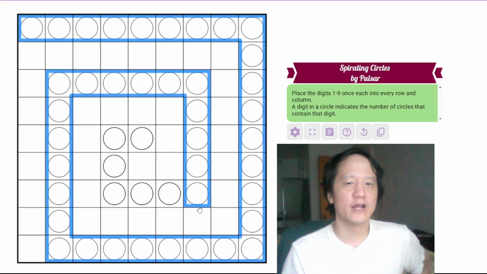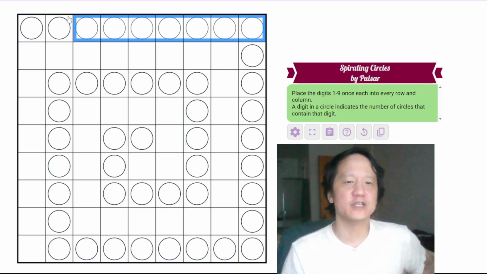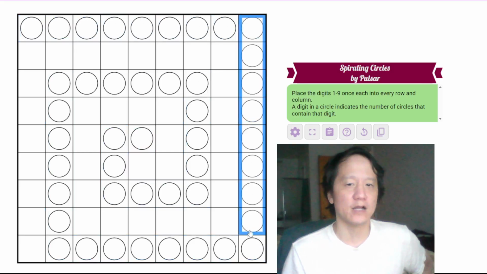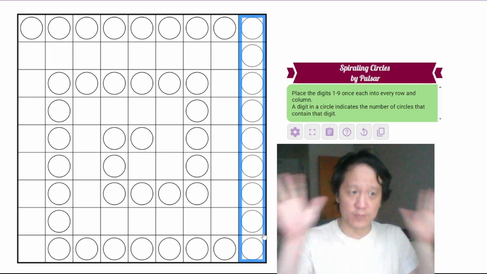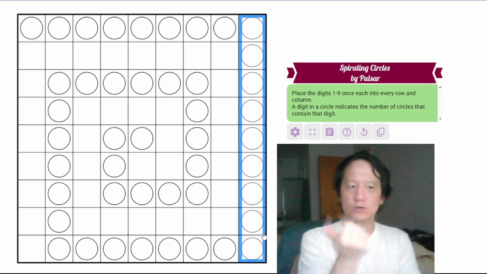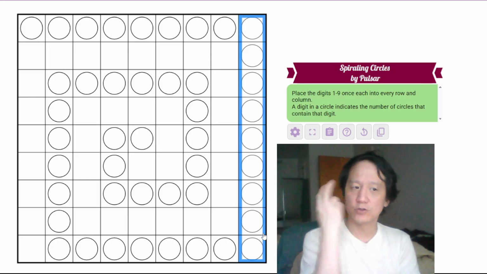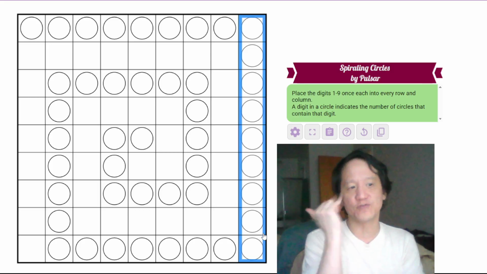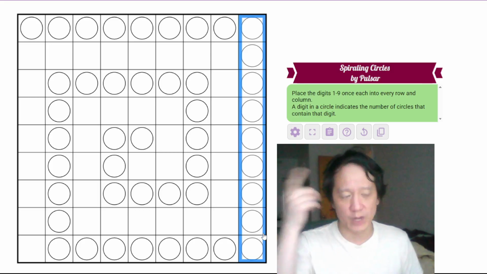And the reason why I know that is every digit in row 1 and in column 1 is in a circle. That means all the digits from 1 through 9 have to be in a circle. So there must be 1 one in a circle, 2 twos, 3 threes, 4 fours, 5 fives, etc., all the way up to 9.